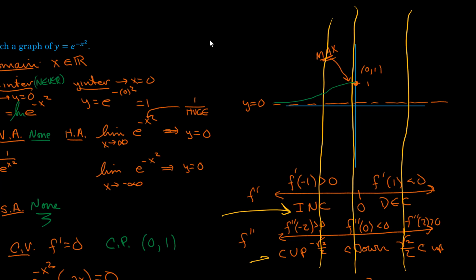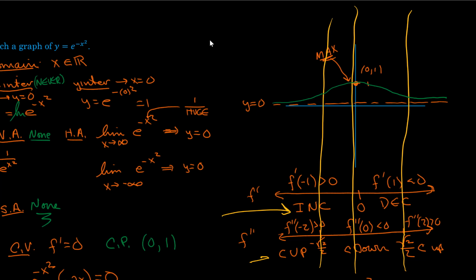On the third interval, I'm decreasing and concave down. Decreasing and concave down is going to look like that, kind of sad. And the very last section, the fourth portion, is decreasing and concave up. So what's going to wind up happening on this right side is it's going to come down and level out.